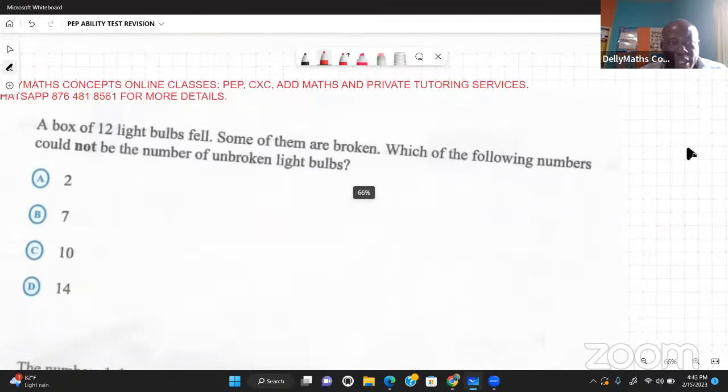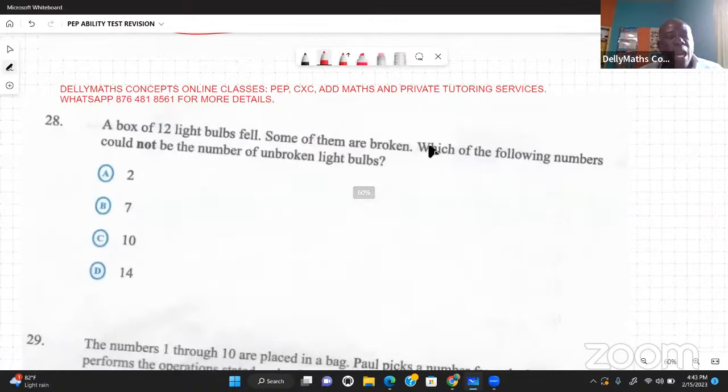28. What 28 says here is that a box of 8 light bulbs fell. So we're thinking of that. It fell. Some of them are broken. Which of the following numbers could not be the number of unbroken bulbs? Now you have to focus on the key information.